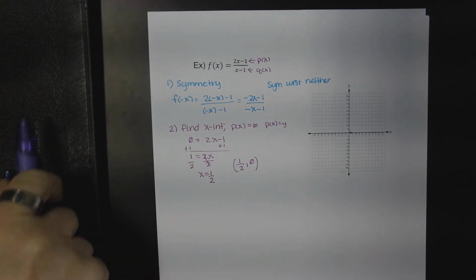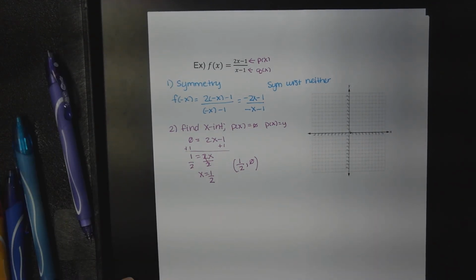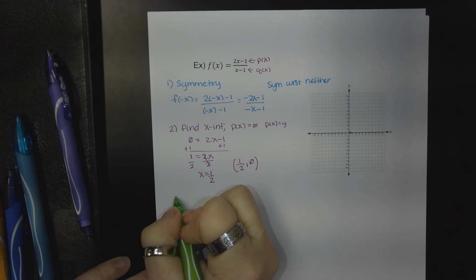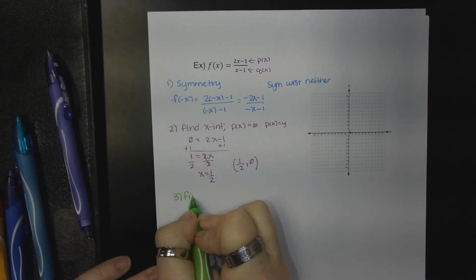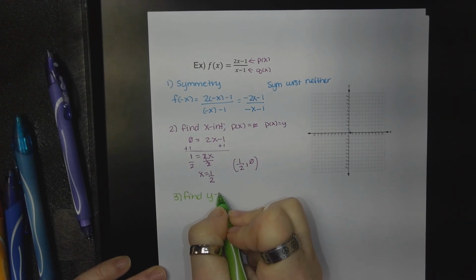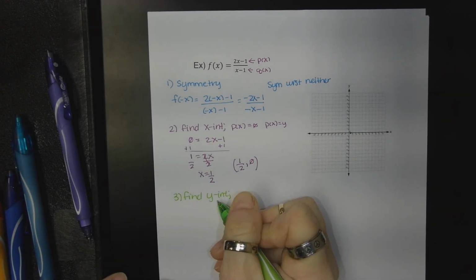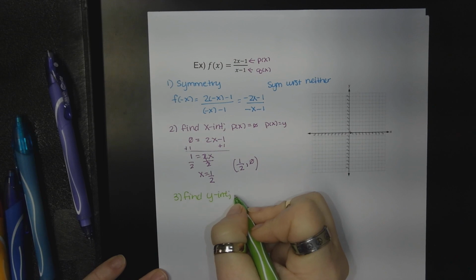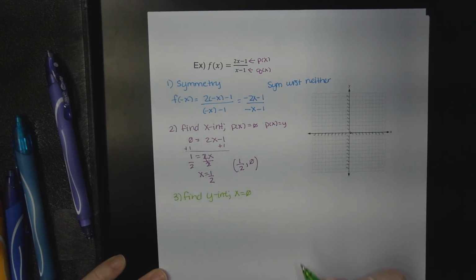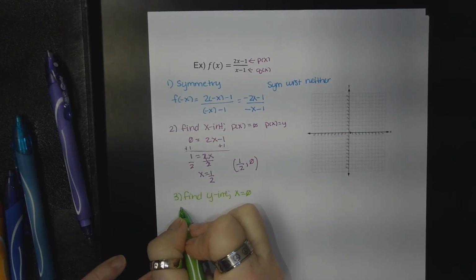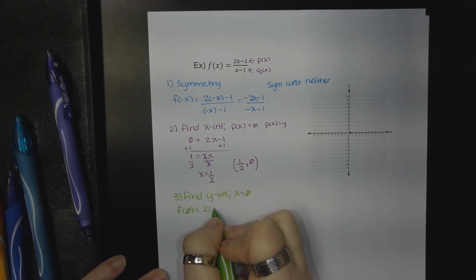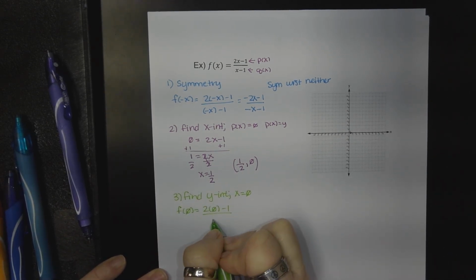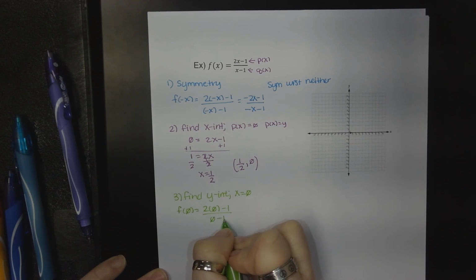Now let's find our x-intercept. No, wrong, y-intercept, sorry, said it wrong. When we find our y-intercept, we always set the opposite variable equal to 0. So we're going to have f of 0 equals 2 times 0 minus 1 over 0 minus 1.